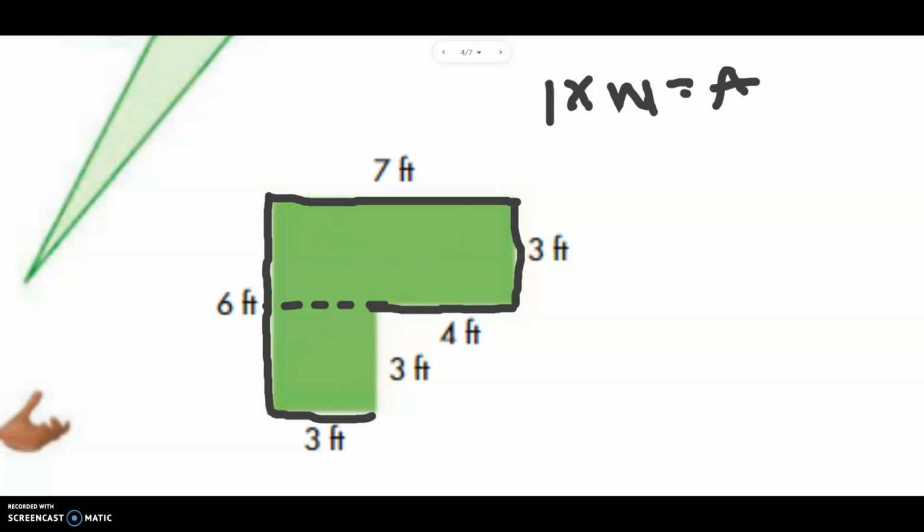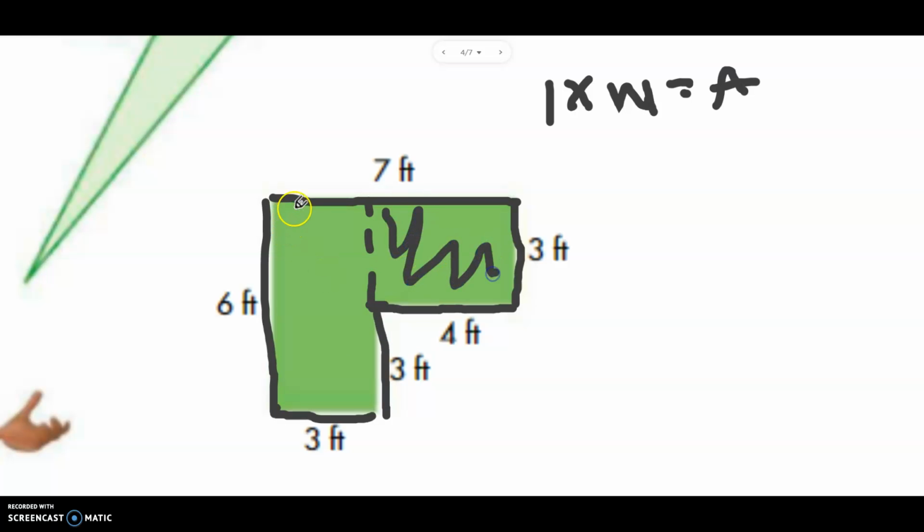Another way I could solve, I'll erase in some of my lines, and you don't have to write any of this yet, is by making a rectangle right here and a rectangle right here, and then adding both of those. Now we are going to use the first one because solving for a square seems easier to me. You could do either way though.